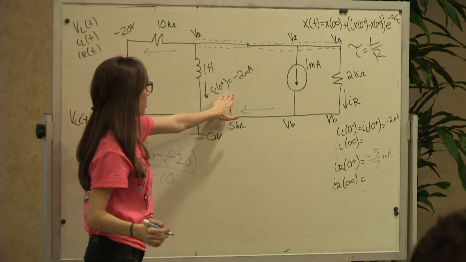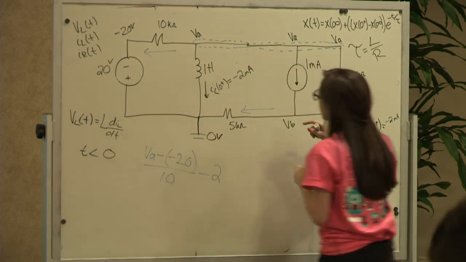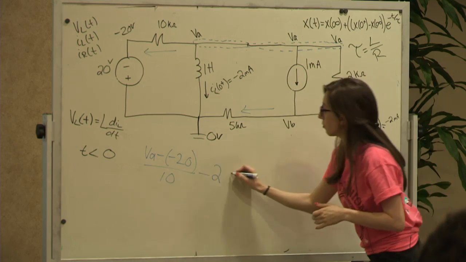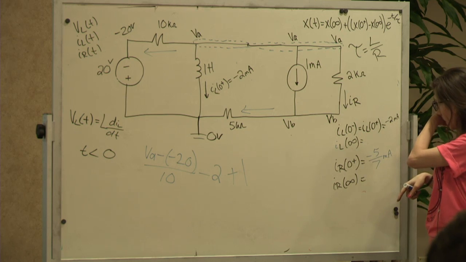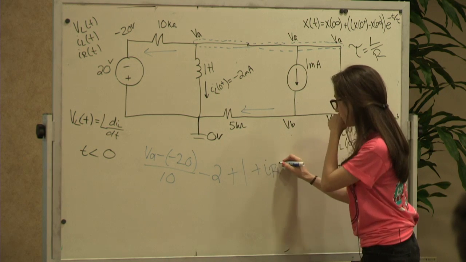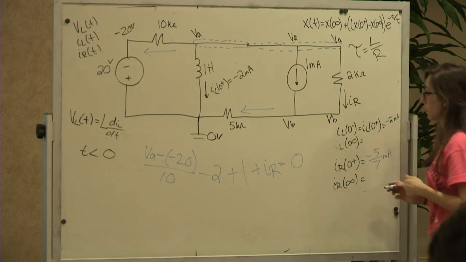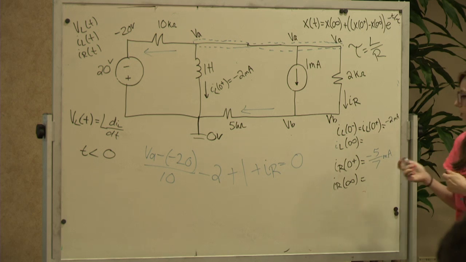This one's already given. We already know it. It's -2. And then here, also given, plus 1. And then IR, we'll pretend like we don't know it yet. Equals 0. Everyone good on that KCL? So that's equation 1.